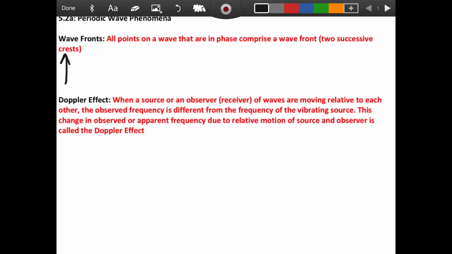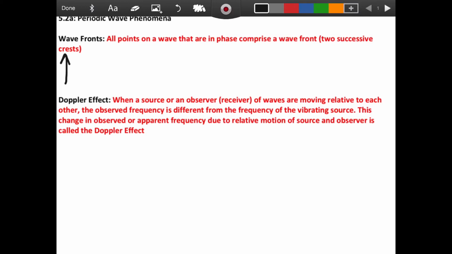So it's going to be important to know what a wavefront is before we move on. One thing that is helpful also is to know that these wavefronts are in phase. We talked a little bit about that last week, but now we're going on to different things.